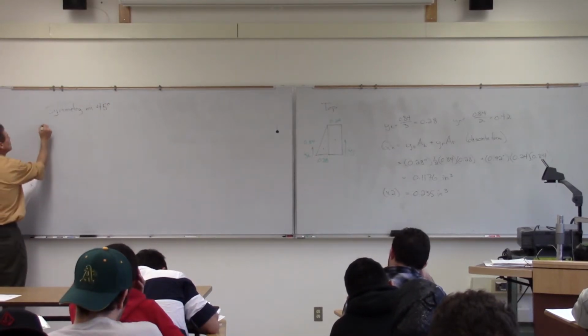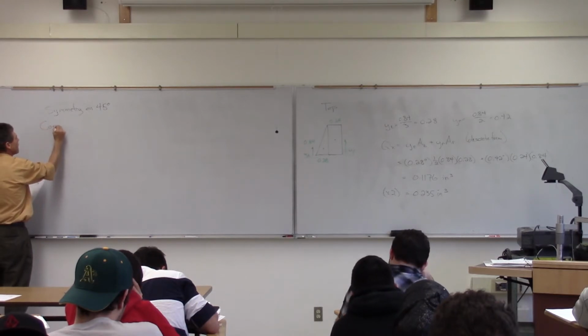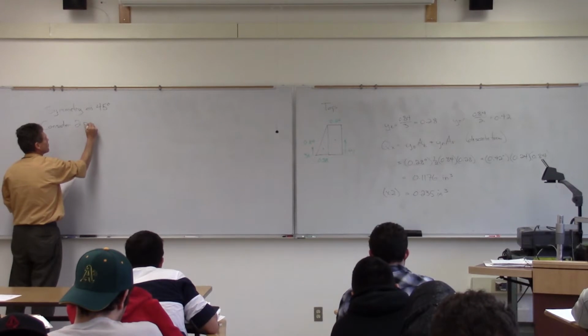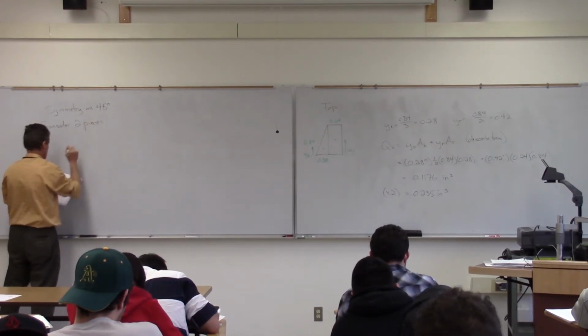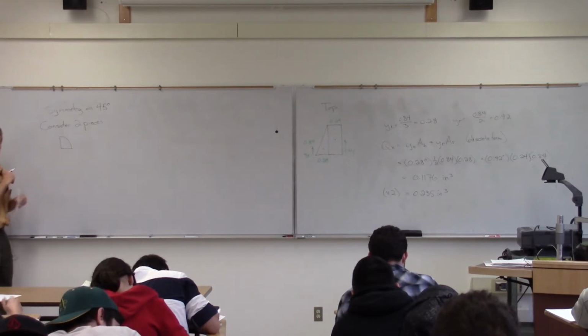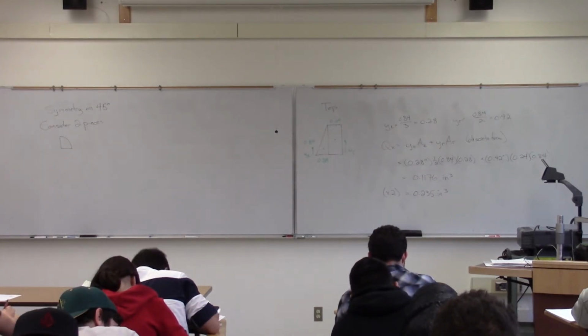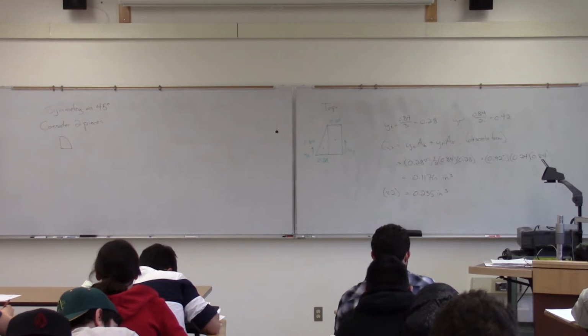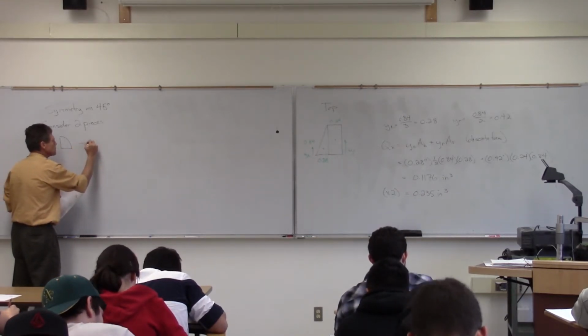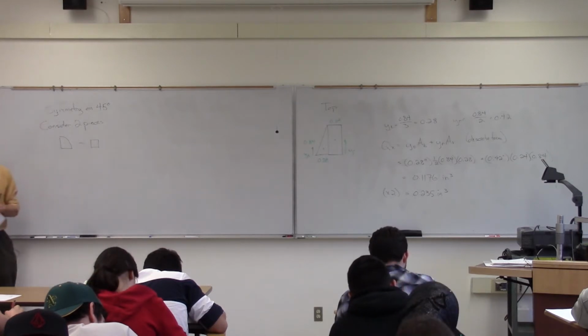Now, what we're going to do is consider the two pieces. So we're going to consider the quarter of the circle there. And what we're going to do then in our composite areas is subtract that little rectangle.